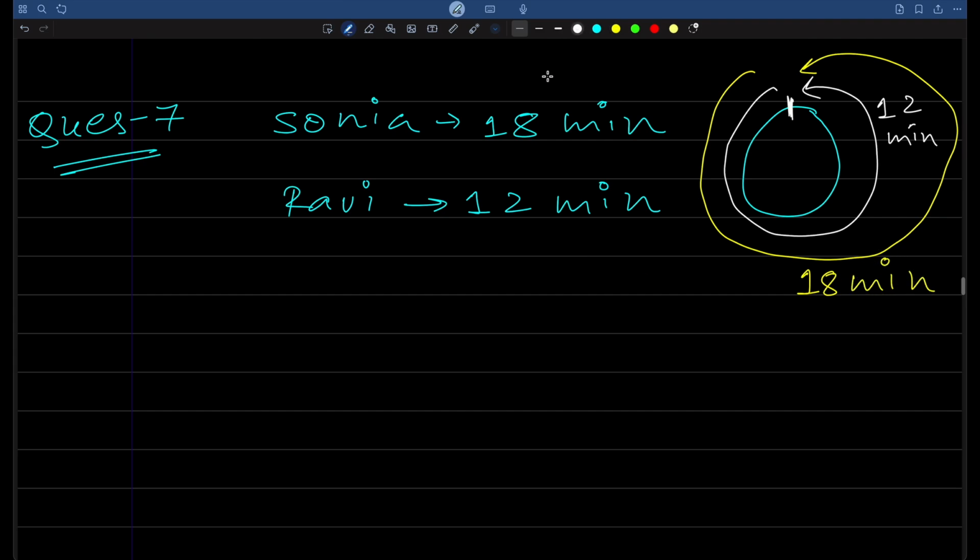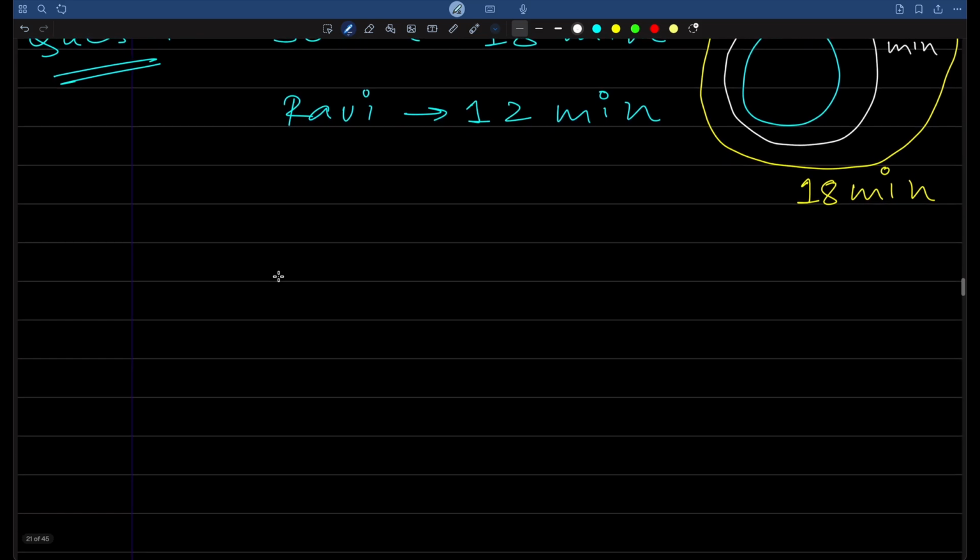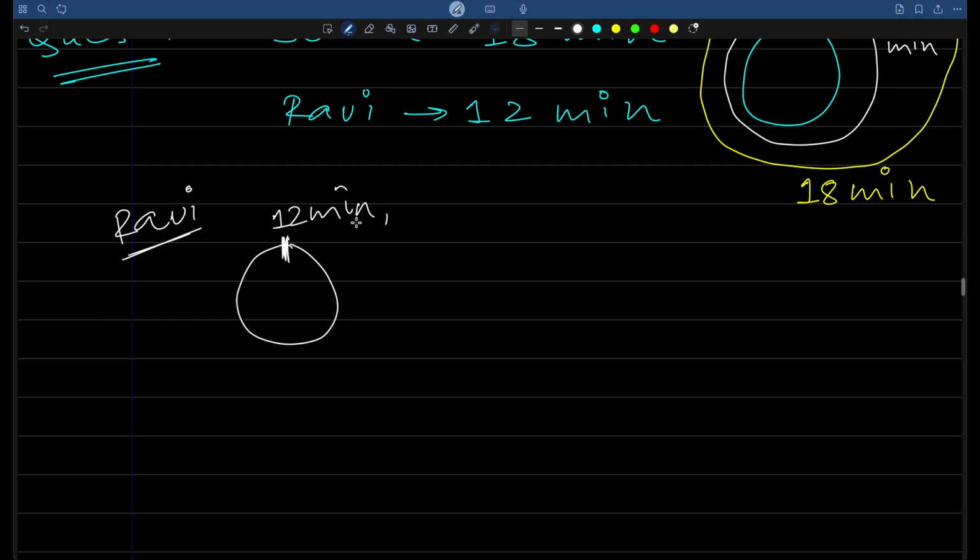Let us understand this question with one simple example. If we take a field and Ravi starts from this point, Ravi will come to this point again after 12 minutes, then 24 minutes, then 36 minutes, then 48 minutes, and so on.